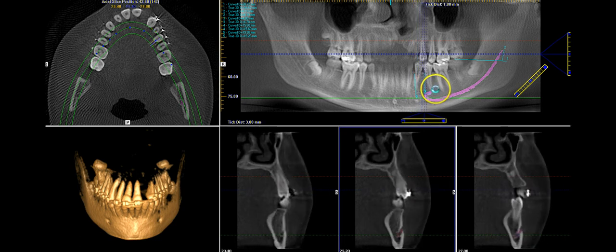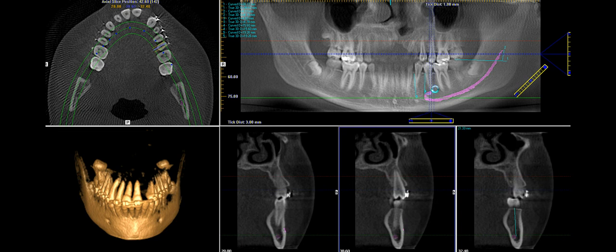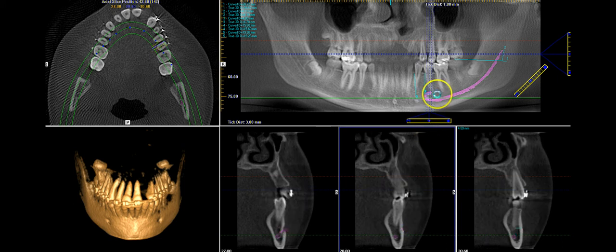You can also see the distance to the apex. This is the apex of the tooth, and it's right at the mental foramen area. In this case, it's a millimeter or two above it. So the goal of this is that I'm trying to show you the CT scan.